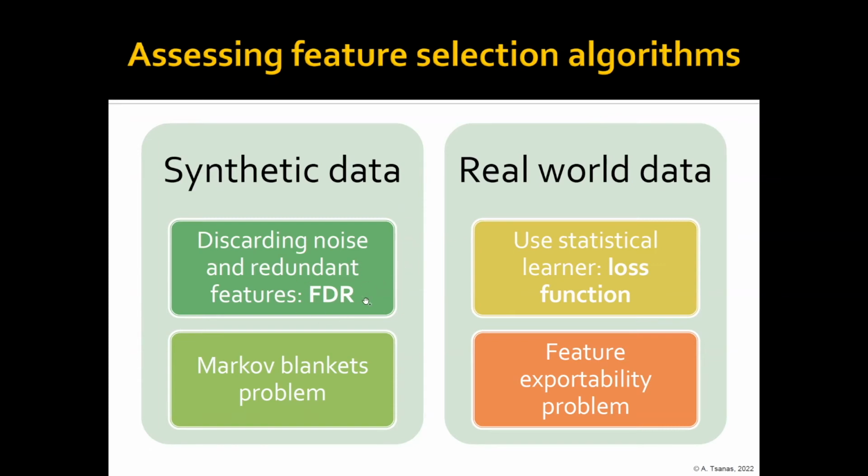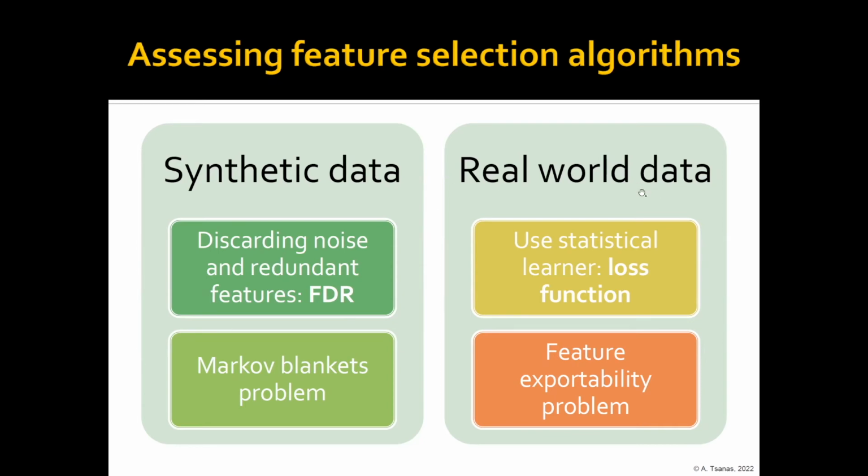In practice, that means you apply the feature selection algorithm you want to try, and then you see how many features were correctly identified and how many were falsely identified. The false discovery rate ideally is 0. You run into some problems, of course, with Markov blankets, which means if you have multiple Markov blankets within the dataset, that is something you may not be able to pick up. But then again, if you have synthetic data, this is something you can generate quite carefully.